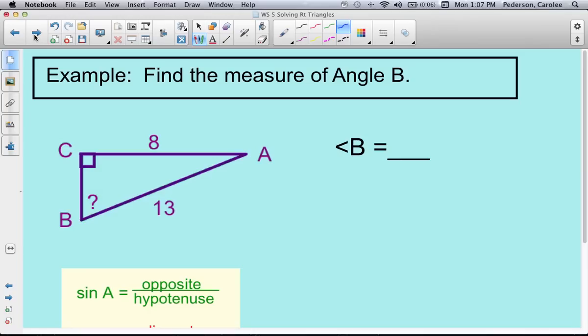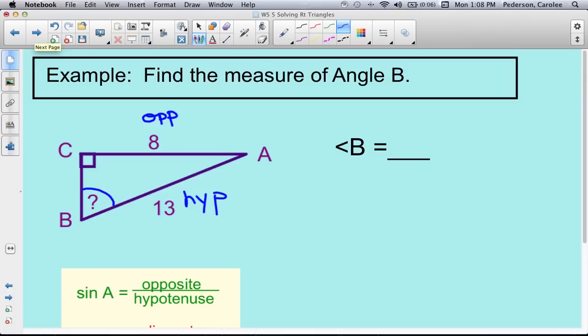Here's our next example. Find the angle measure for angle B. So this is our angle we're going to work with. And the sides that we're working with to angle B, this is side opposite, this is side hypotenuse.